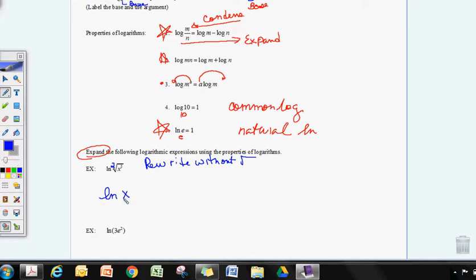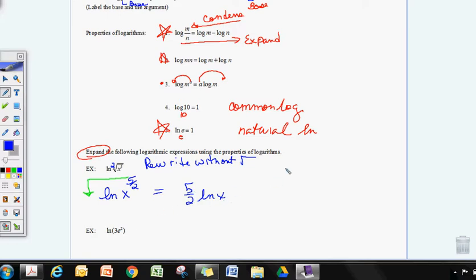That would be x to the 5/2 power. Okay, so now it's exponential. Think of the rules from above. That 5/2 can come down in front now. So as I expand this out, I get 5/2 times the natural log of x. There is nothing else I can do with it. This is just a coefficient, and my argument. Done.